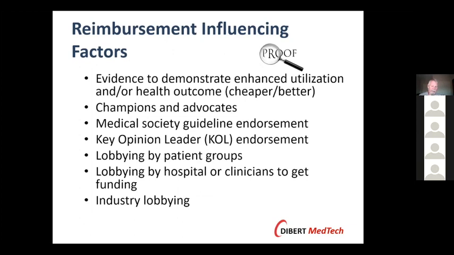The person who led the investigation or the clinical trial will be the most knowledgeable and a good promoter of the technology. Lobbying by patient groups, not too much. Lobbying by industry, again, mostly ignored, but still important. And lobbying by clinicians to get the funding.